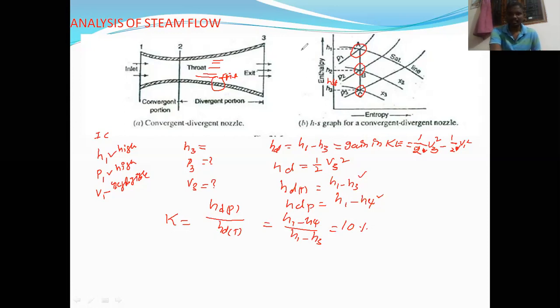What is happening in the nozzle? The nozzle is converting the enthalpy and pressure of the steam into velocity. This is the function of a nozzle.